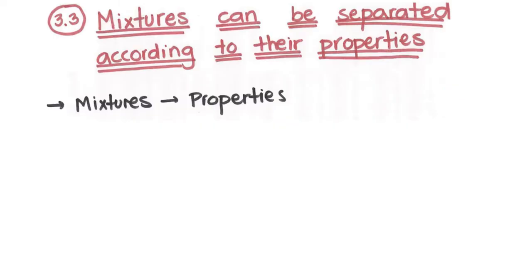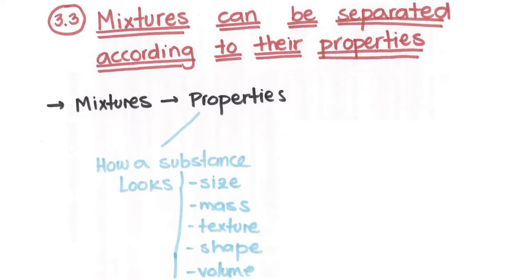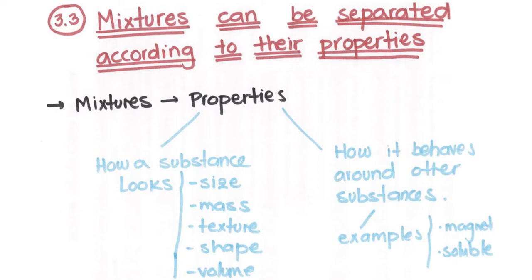So we will see in this chapter, when they talk about the properties of mixtures, they talk also about how a substance looks. So it also includes its size, mass, texture, shape, volume, and also how it behaves around other substances. And they give two examples that we're going to use later on.